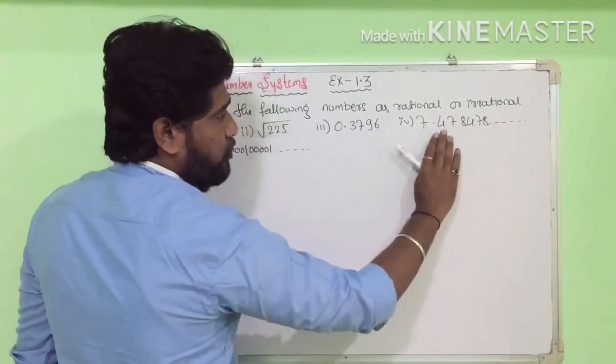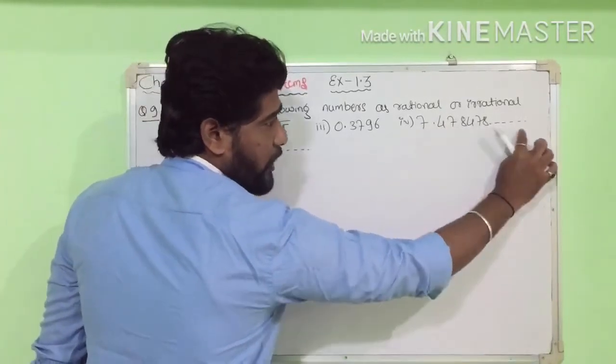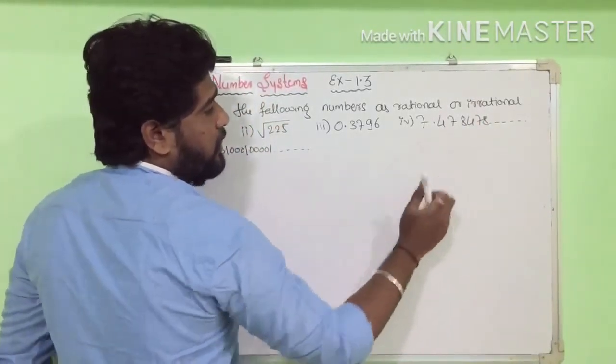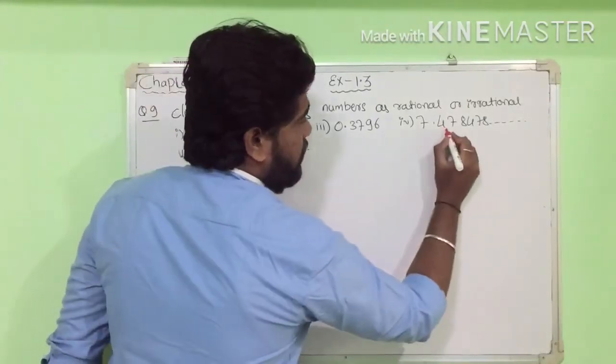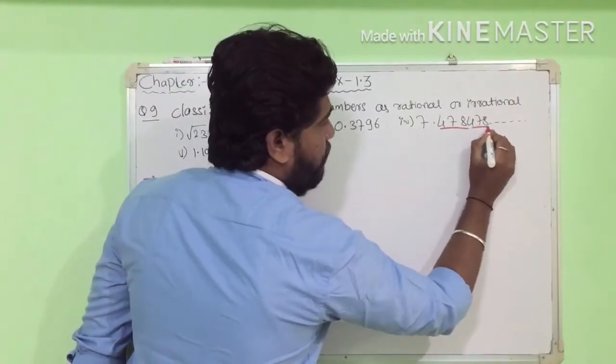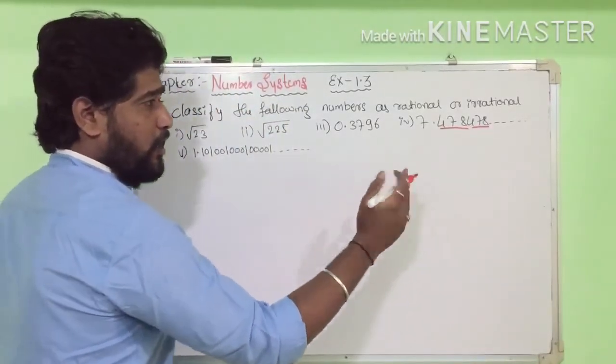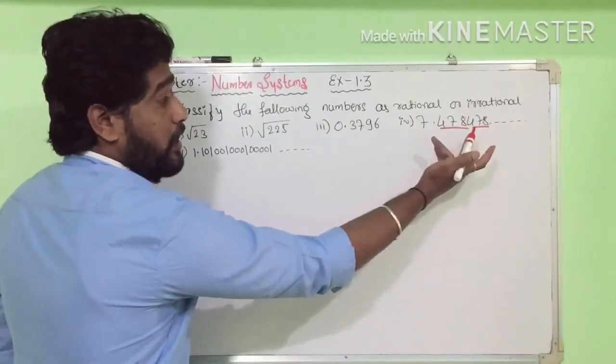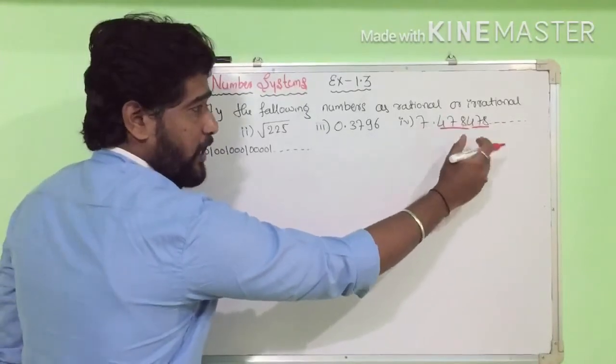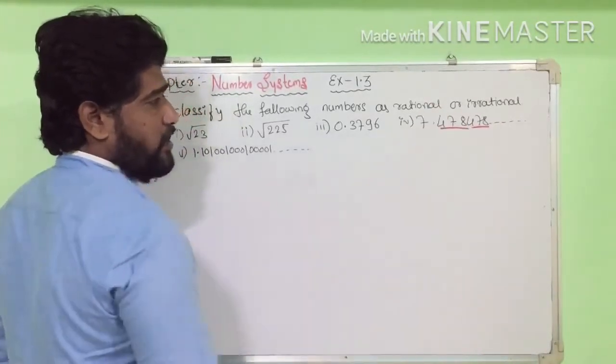Fourth one is 7.478 and so on. So on means non-terminating. Is it clear? And see here, the decimal digits 478 and 478 are recurring, repeating. Non-terminating and recurring decimal is a rational number.